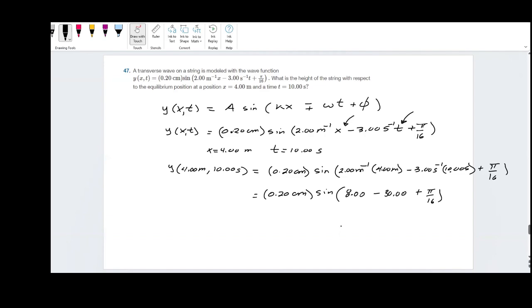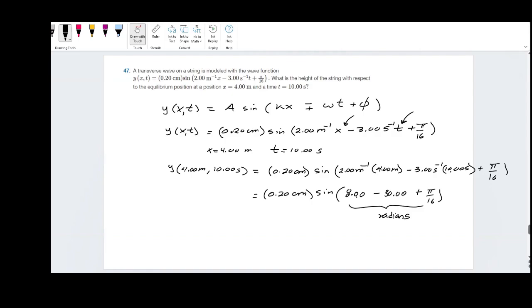So basically what you have to do is just make sure that your calculator is in radians, because this angle is in radians. So you have to make sure that you change your calculator from degrees to radians.